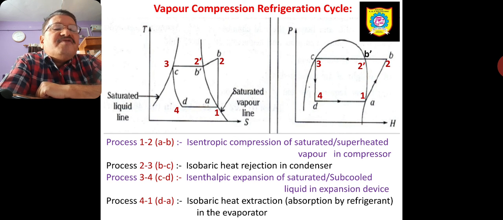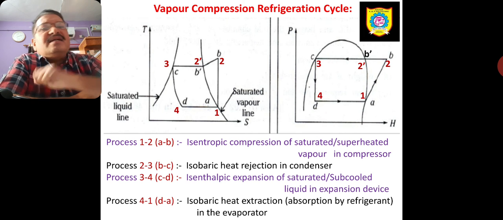So the heat of evaporation is absorbed by the evaporating refrigerant, and thus evaporation takes place, and again the refrigerant will enter the compressor and the process 1,2 will take place, and thus the cycle goes on repeating.